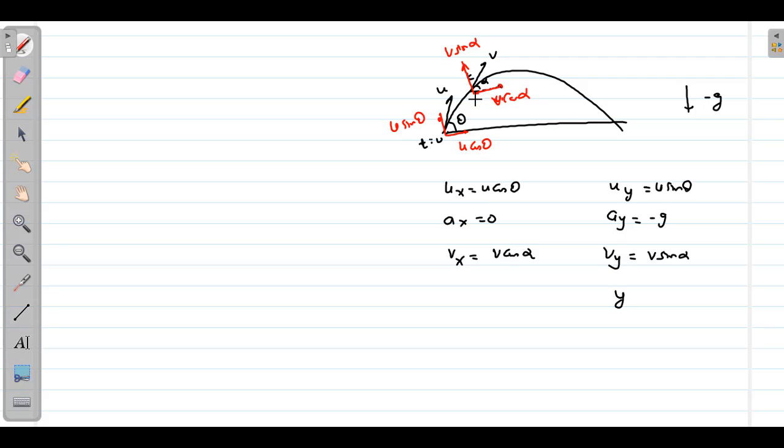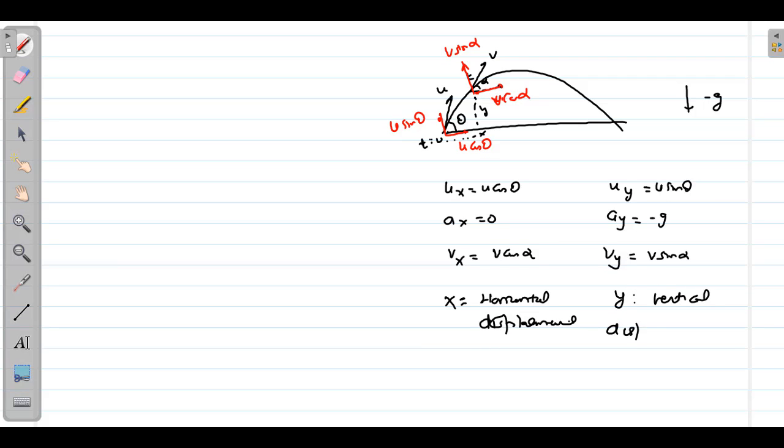That means this distance is y and this distance is x, meaning x is the horizontal displacement, and y is the vertical displacement.